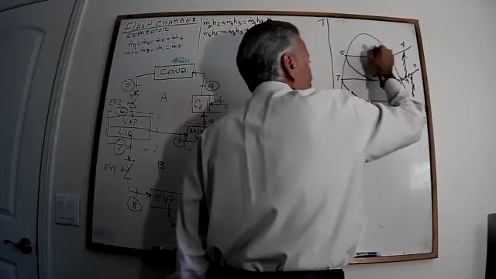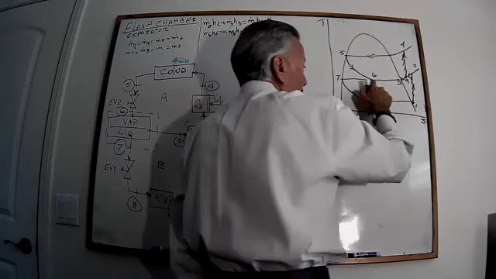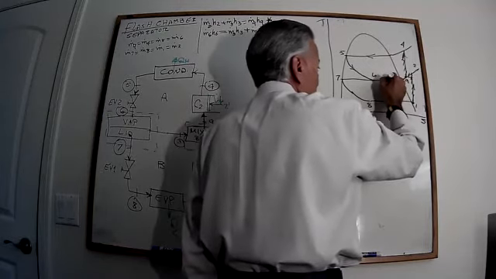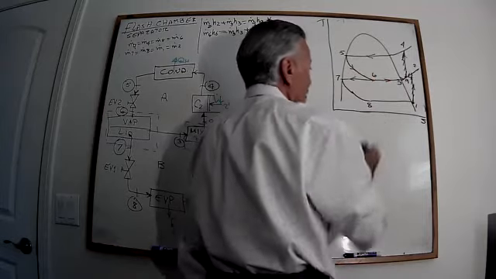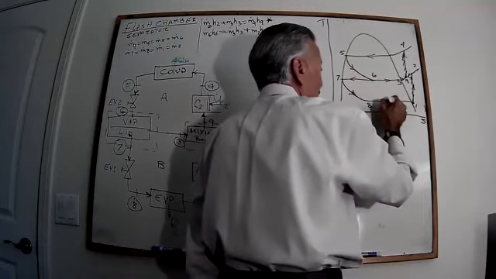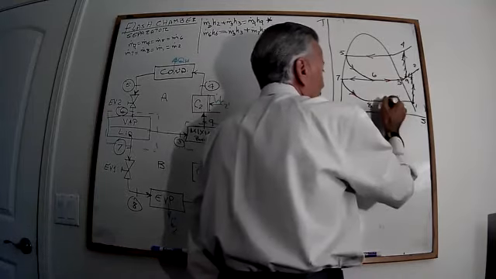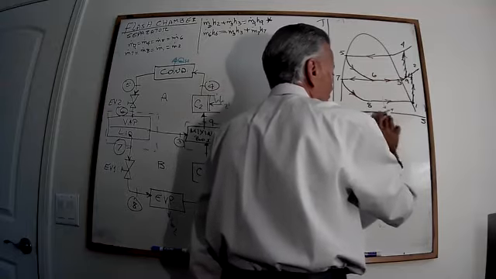This is 4 to 5, 6. When it gets here, 6 goes towards the 3 direction. This is the liquid side coming that way, going to the expansion valve, then to the evaporator. Once again, I have only one QH, QL.